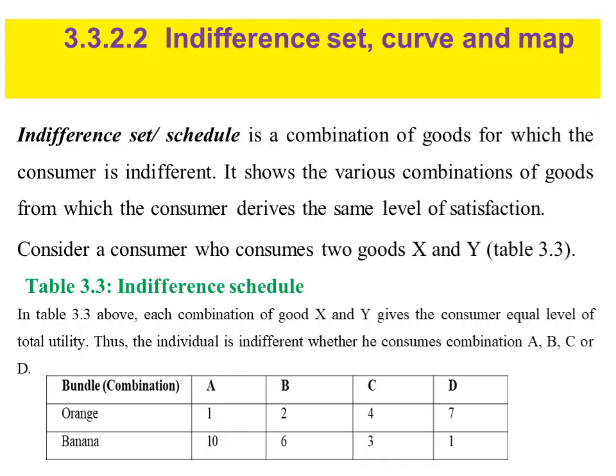For example, if someone asks you to choose your father or your mother, which one is best for you, or which one you select, it is difficult to identify which one is good for you. Both are the same. At this time, you are indifferent in your choice.